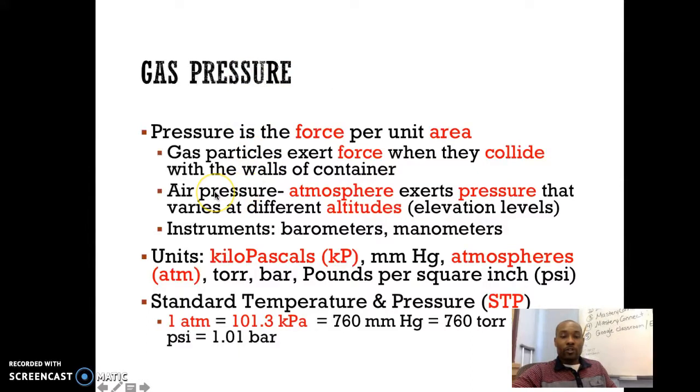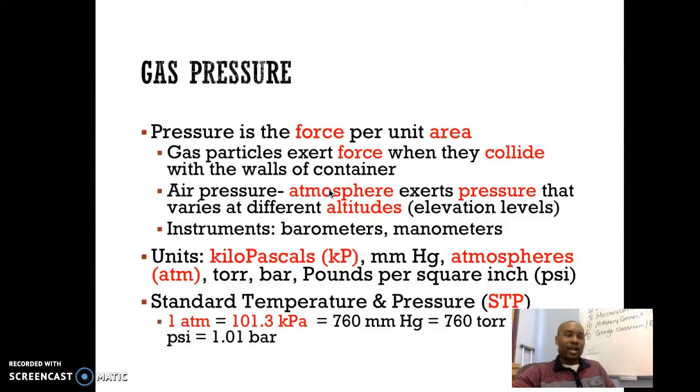And also, you need to be familiar with air pressure. So air pressure, you have to know that the atmosphere, the gases in the air, they also exert actually a lot of pressure. And that pressure is going to vary depending on the altitude, how high something is. So the higher up you go, there's less air pressure, which is why sometimes you have that sensation if you've ever been on an airplane and you feel your ears popping.